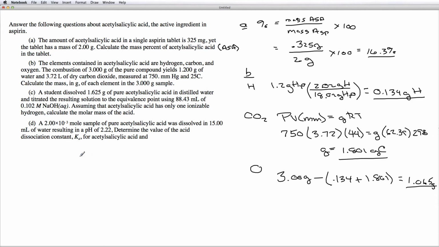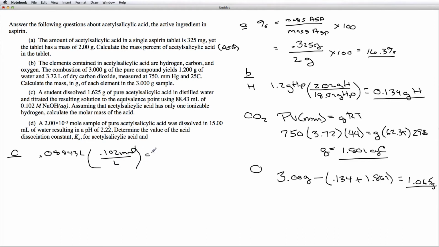Alright, moving on. We've got some space over here, so let's do C over here. We're going to dissolve a given amount of ASA in water, and then titrate it to the equivalence point. First, we find how much sodium hydroxide we're going to be using to titrate this. We start with 0.08843 liters of the solution, which has a concentration of 0.102 moles per liter.